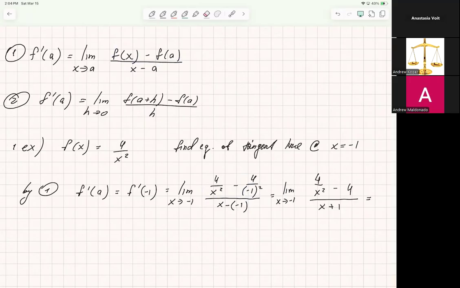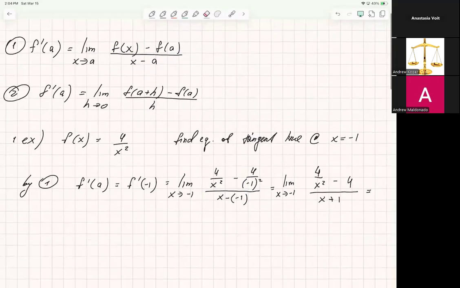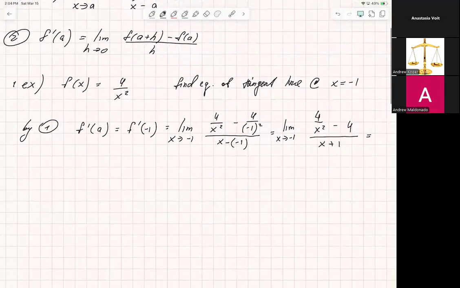Now we multiply top and bottom by this x squared, right? So that we can get rid of the fraction in the numerator. So we would have then the limit as x approaches -1 of 4 minus 4x squared over x squared times x plus 1, right?